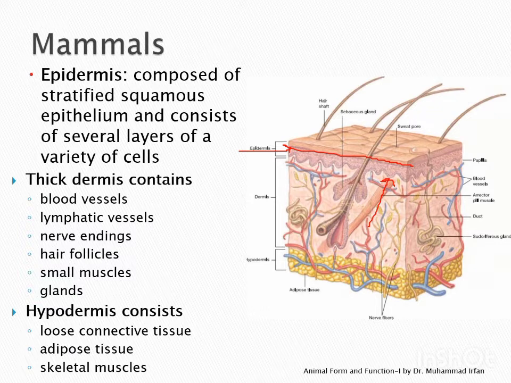Cells in the epithelium are produced by mitosis. We know the epithelium is a highly regenerative tissue. Cells divide very fast compared to other tissues.